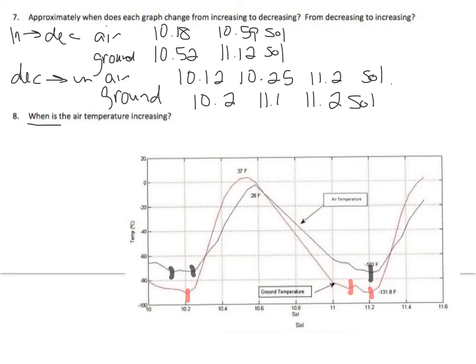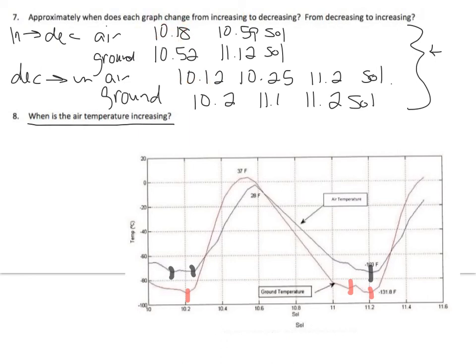Now, what we do is just look at the air temperature. I need to write things in interval notation. So I gathered all my data up here, and now I need to write it in a way that's easier to look at, easier to analyze. The air temperature is increasing on the interval 10.12 to 10.18.